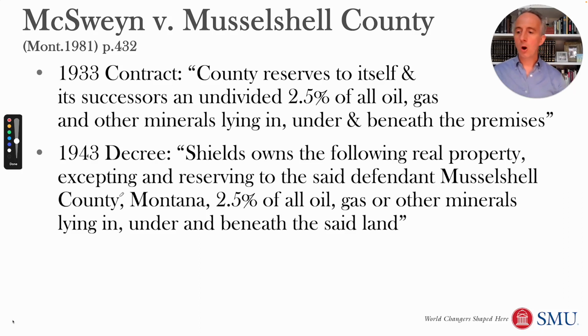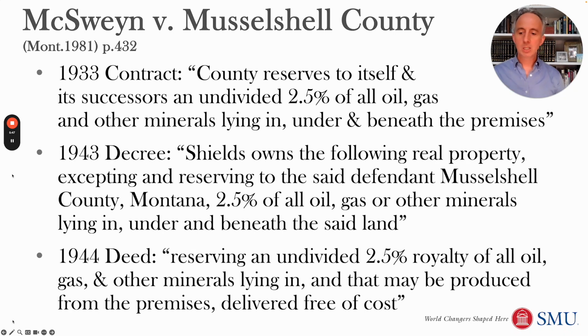Okay, now that's interesting, because if we look at the third way this land was described, it's different. So in a 1944 deed, what Musselshell County said is, we're reserving an undivided 2.5% royalty of all oil, gas, and other minerals lying in and that may be produced from the premises.